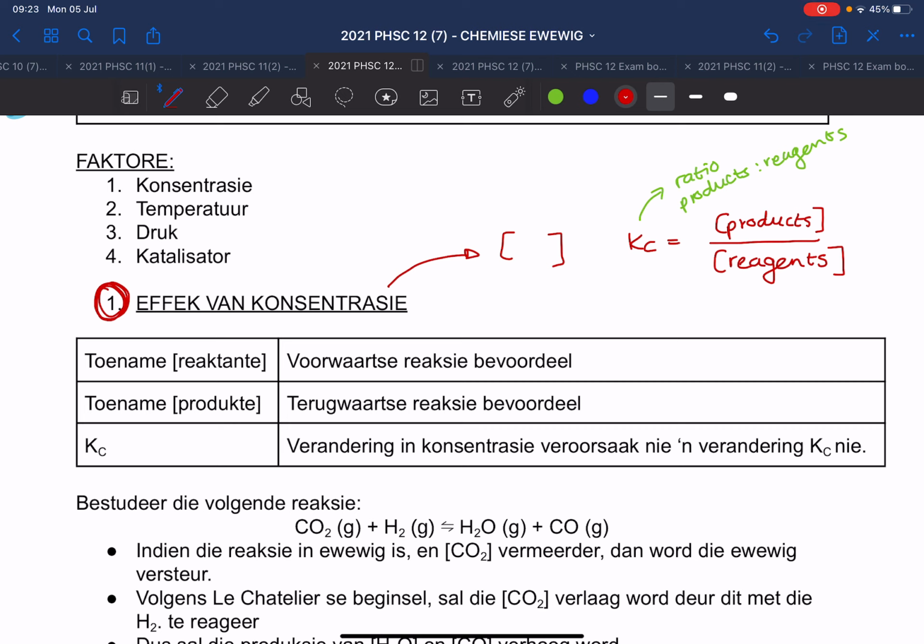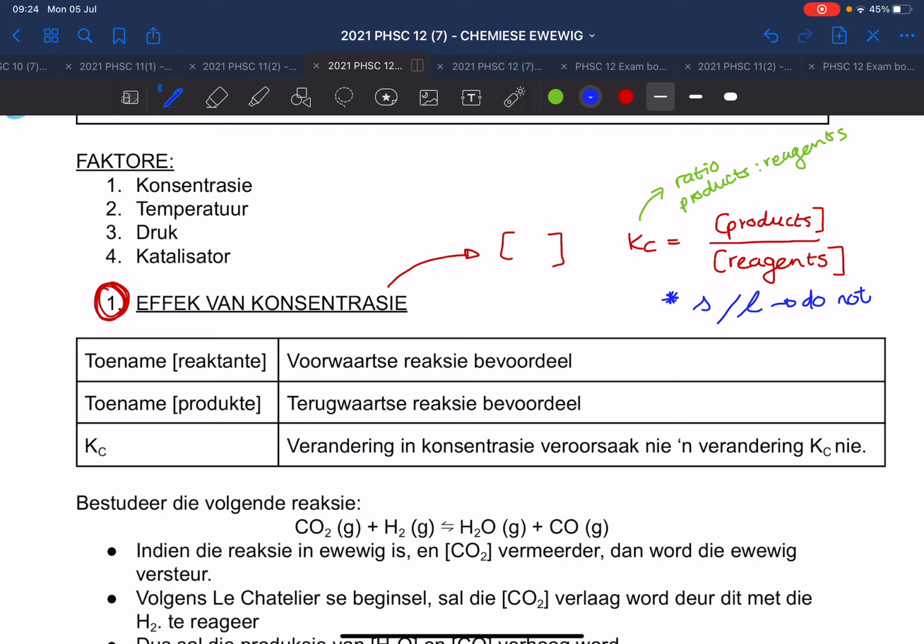Okay, hy het nie eenheid nie, die ja is Siska? Ja, if something is in a solid or in a pure liquid phase, they do not, hulle gaan nie in die Kc uitdrukking nie. Okay. Goed, it rings a bell.